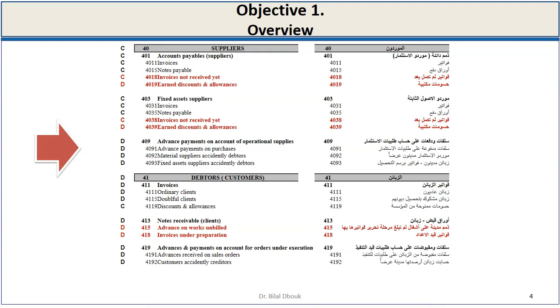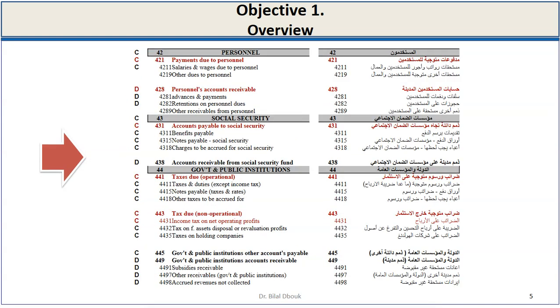Also, in the client's accounts, or debtors or customers, we will use the account 415, advance on works unbilled, and account 418, invoices under preparation. We will continue with the Lebanese chart of accounts related to the accounts that we will use in this chapter.